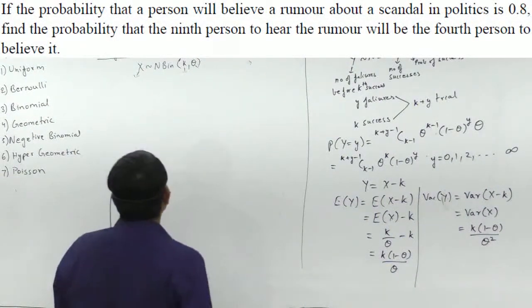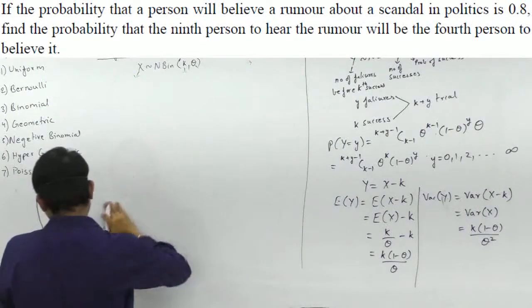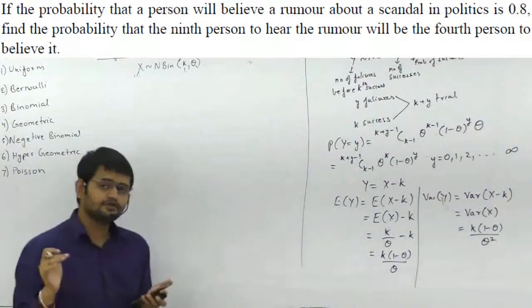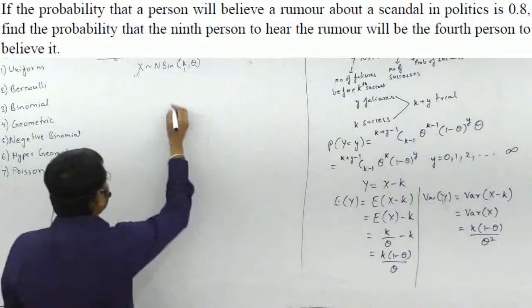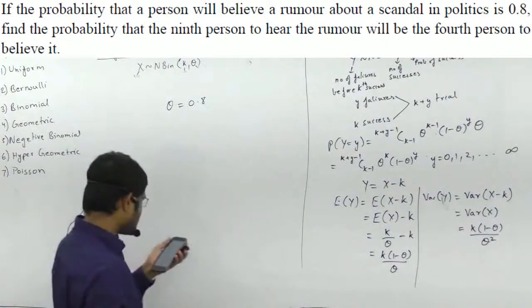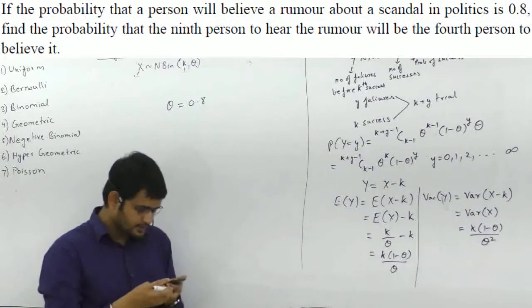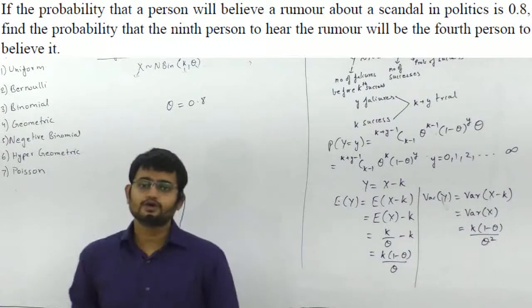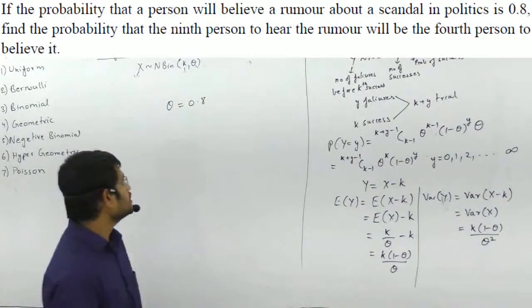First of all, they have given us that the probability that a person will believe the rumor is 0.8, so we can say theta is equal to 0.8. And they have asked what is the probability that the 9th person to hear the rumor would be the 4th person to believe it.